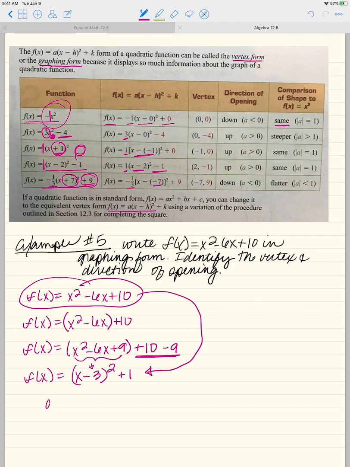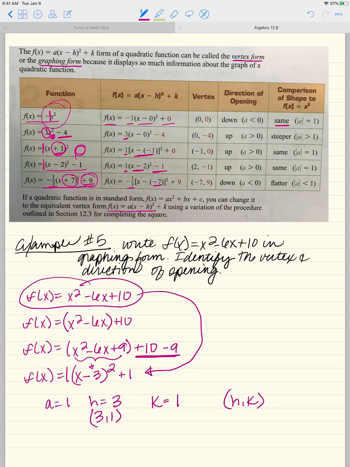Okay, so a is 1, h is 3, and k is 1. So my vertex is at (3, 1), because the vertex is always at (h, k). And this graph is going to open up or down.